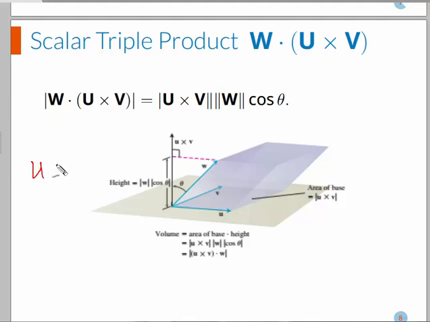If u is parallel to v, so instead of having v out there, we'll have v right on top of u, then the box would have a zero volume. When we look at this expression, if u and v are parallel, the cross product of parallel vectors is 0.